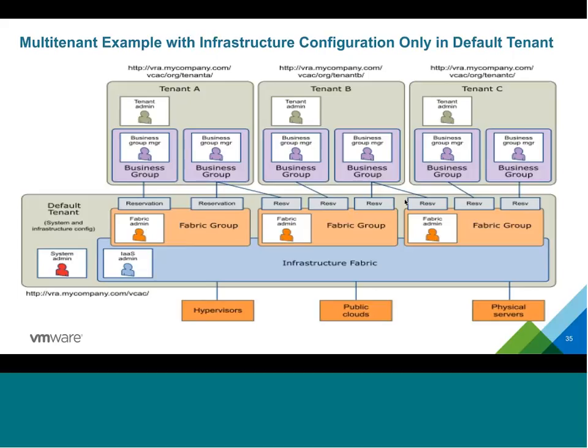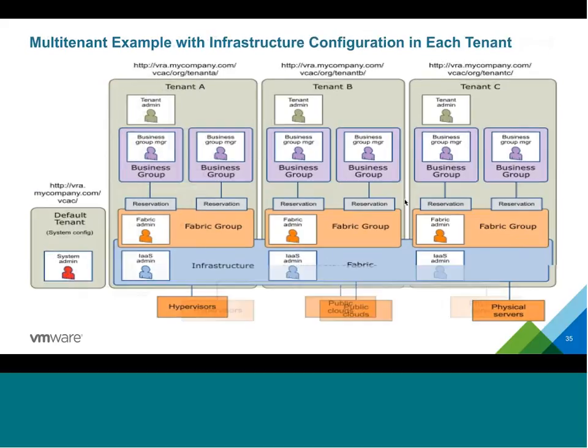One is tenant admin and another one is IaaS admin right. So once you log in with tenant admin and IaaS admin right, you can configure the endpoint, then you configure fabric groups. When you configure the fabric groups, you add a fabric admin, then you need to log in with that fabric admin, do the reservations, and with multiple tenants, you define the business groups there, and then tie up everything together.